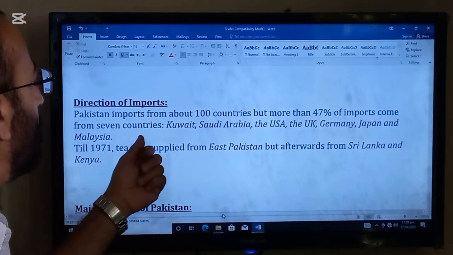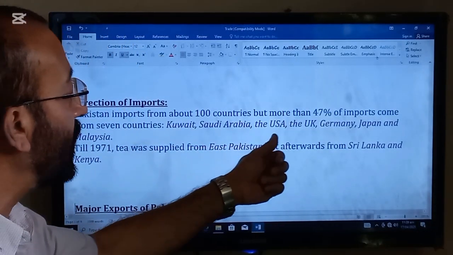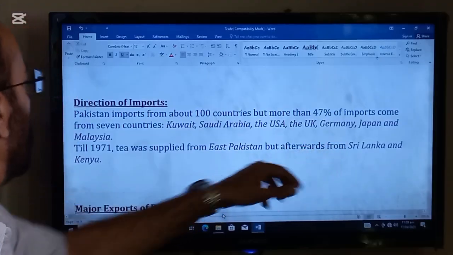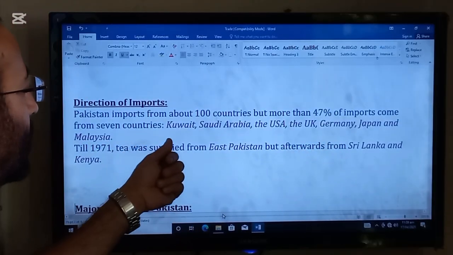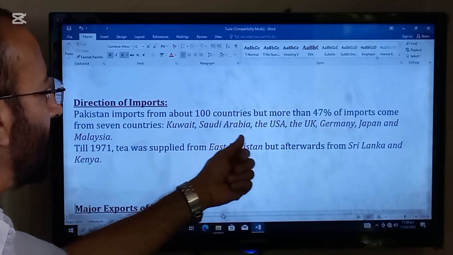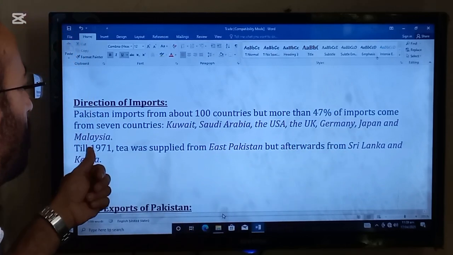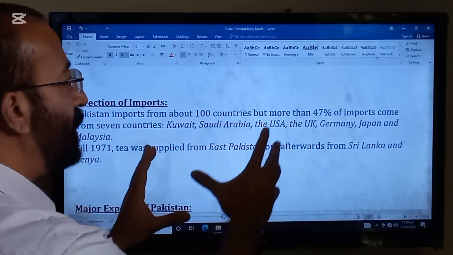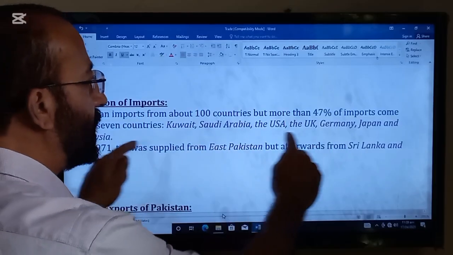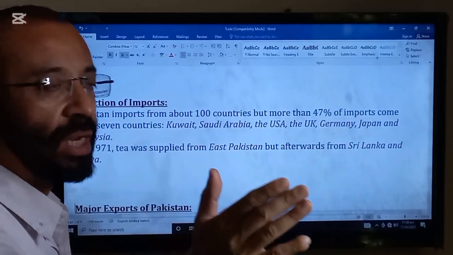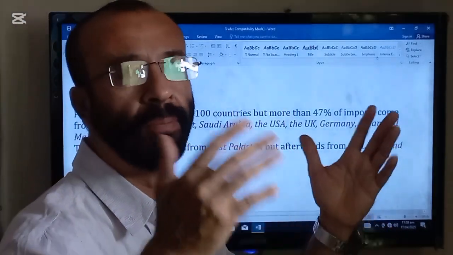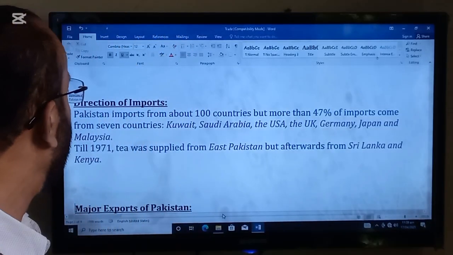More than 47% of the imports come from 7 countries. That is Kuwait, Saudi Arabia, the USA, the UK, Germany, Japan, and Malaysia. So almost 50% of our imports are coming from 7 countries, but in total, we are importing from almost 100 countries of the world.